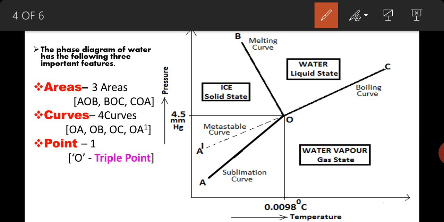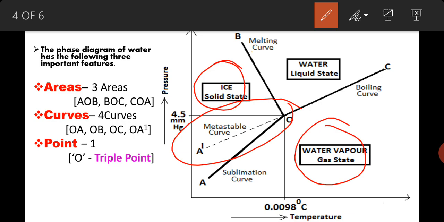Next curve, a very interesting curve, that is the OA dash curve. It is indicated by a dotted line. It is called the metastable curve and also the supercooling curve. This curve is present between the solid state of ice and the gas state of water vapor.